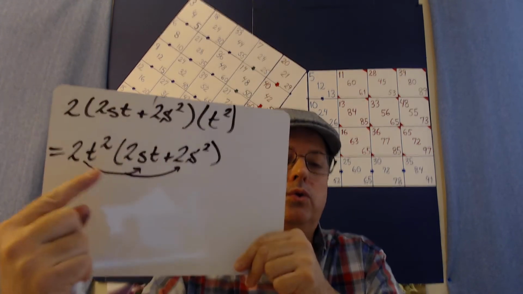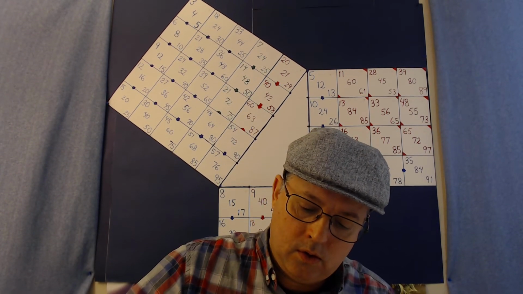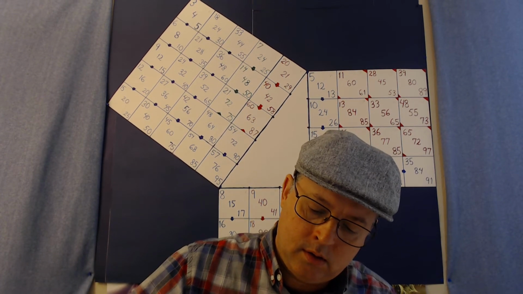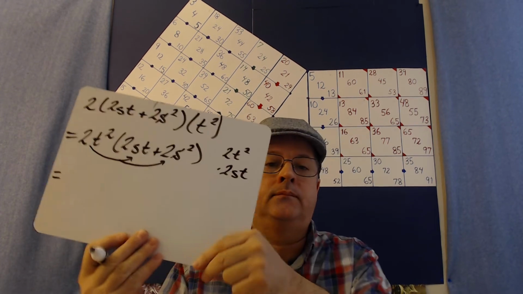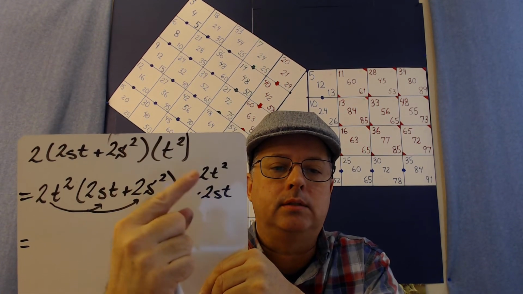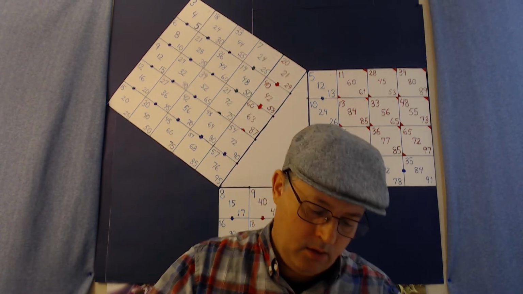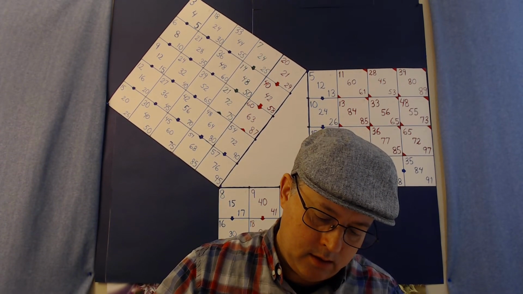Okay, so 2t squared times 2st. All right, so then we get, that's 4st to the third.